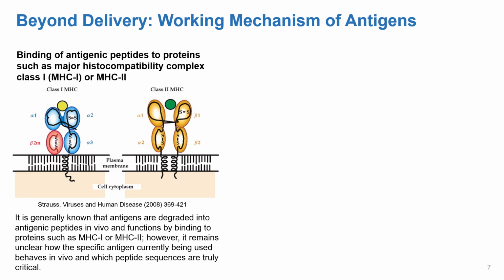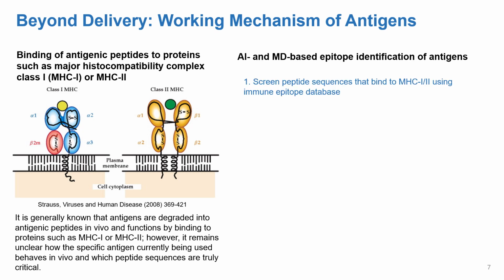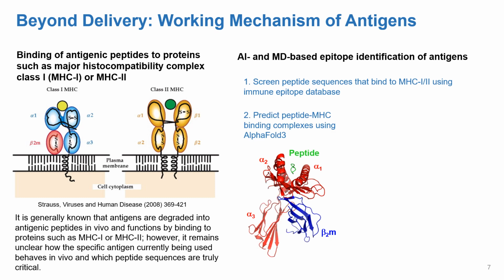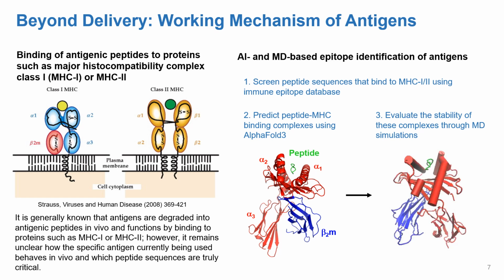To address this, I first screen the potential peptide sequences using an immune epitope database. Then I predict peptide MHC binding complexes using AlphaFold 3 and subject the highest confidence models to MD simulations to evaluate their stability.